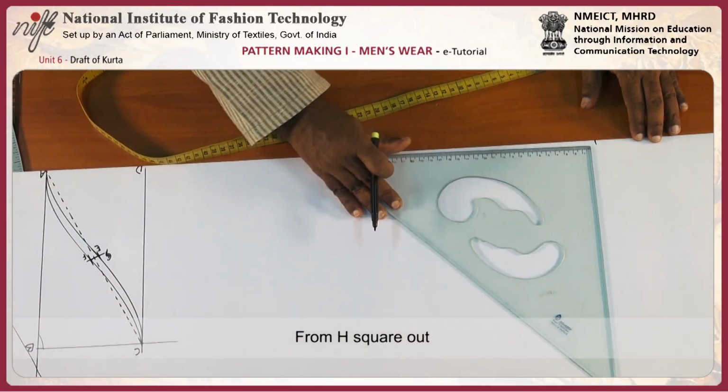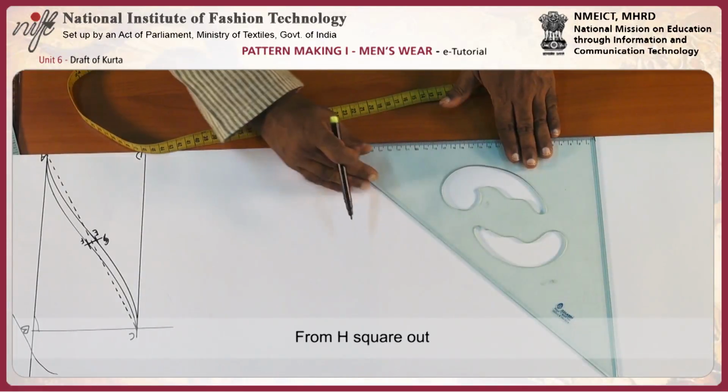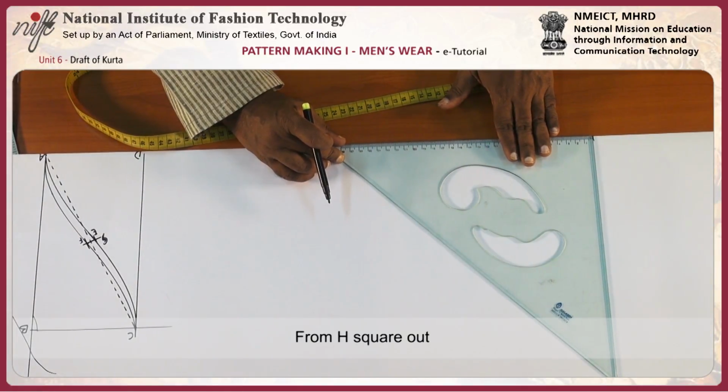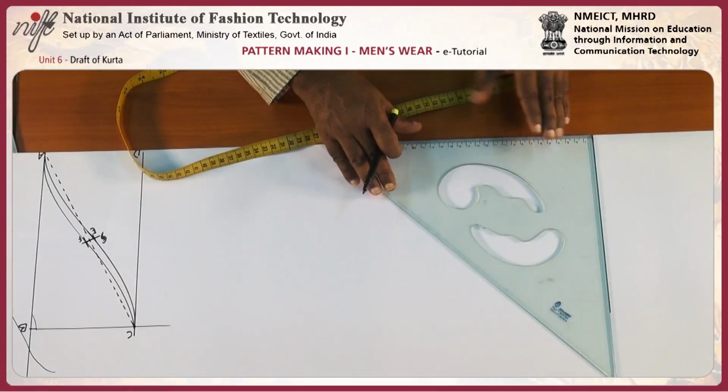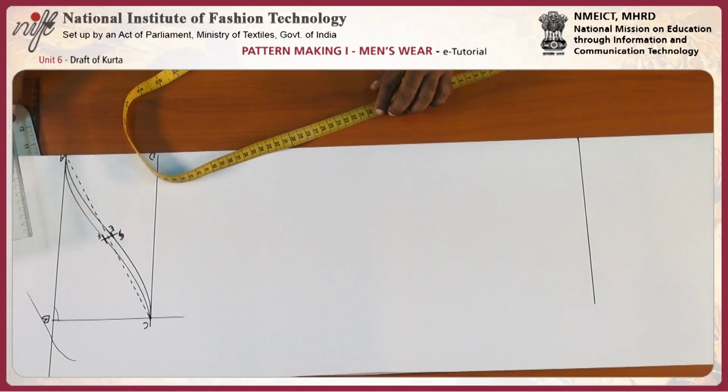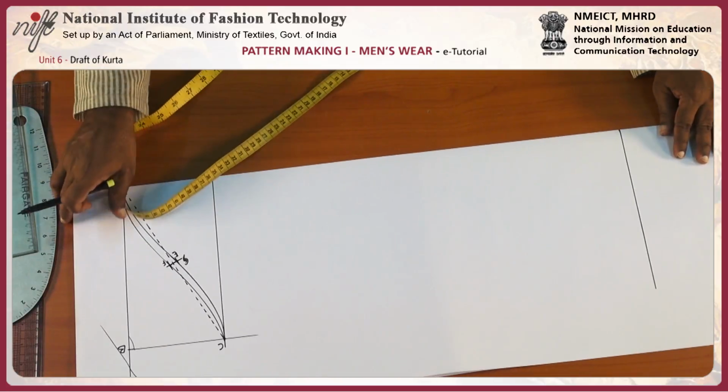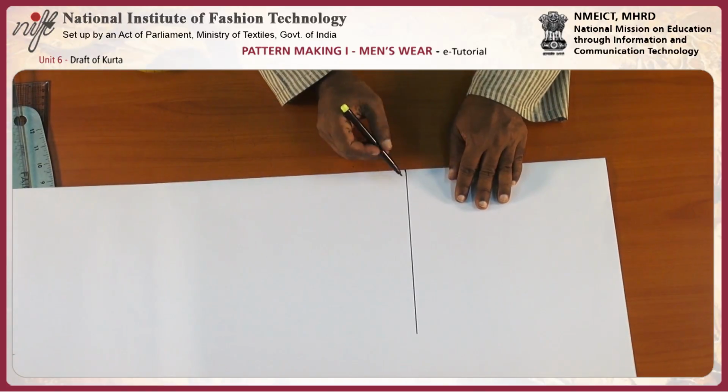From point H you can square out, that's drawing perpendicular line.